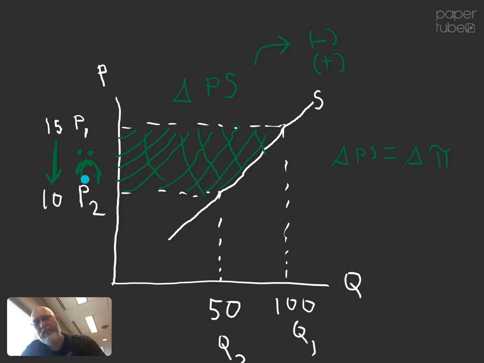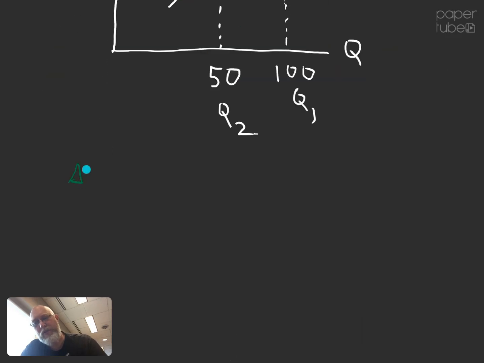Okay, so let's do the math. Our formula for the change in producer surplus is equal to 1/2 of (P2 minus P1). It's always P2 first, then P1. Then we close the parentheses, open the parentheses again, and we look at (Q2 plus Q1). Now we plug the numbers in.